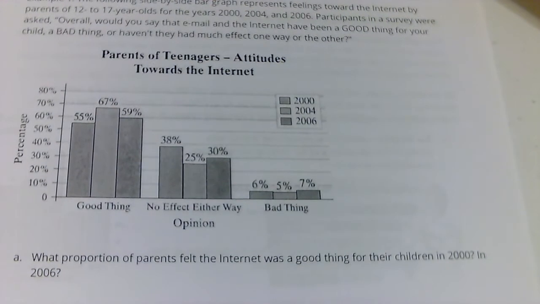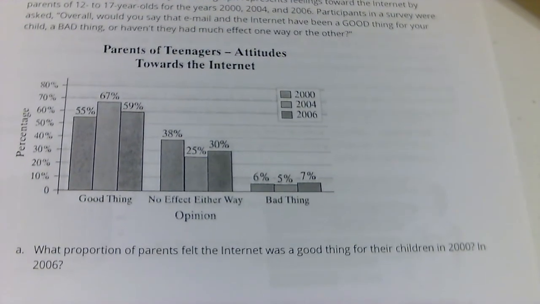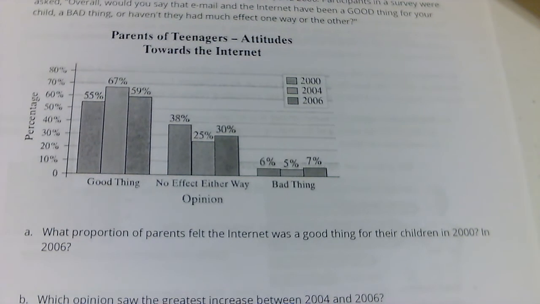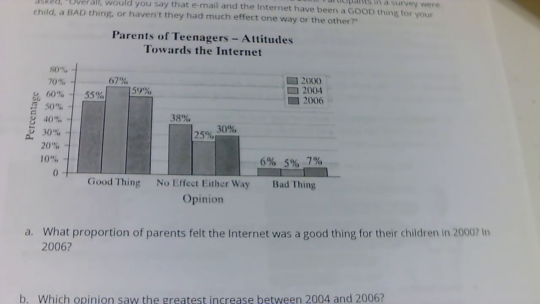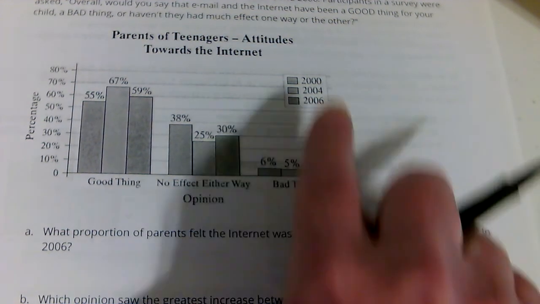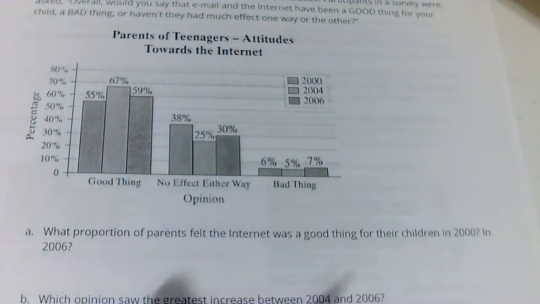So, can we interpret a bar graph? What proportion of parents felt the internet was a good thing for their children in the year 2000? So 2000 is the bar on the left side. It's the first one.